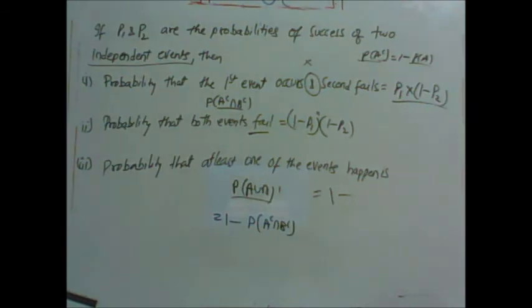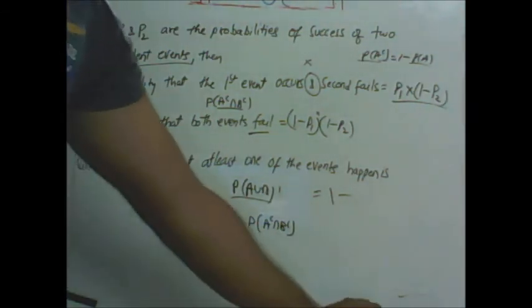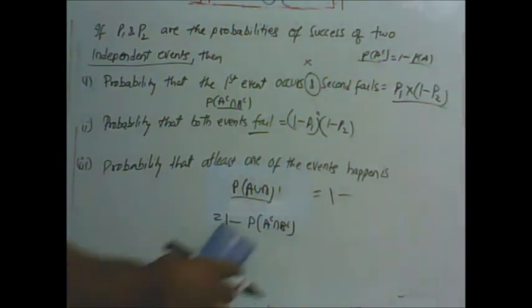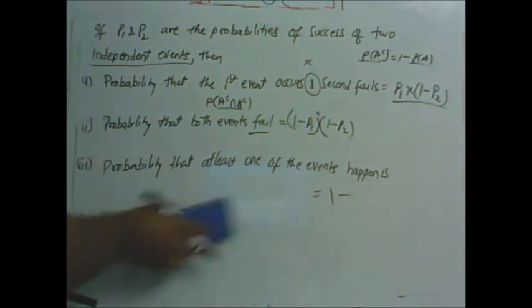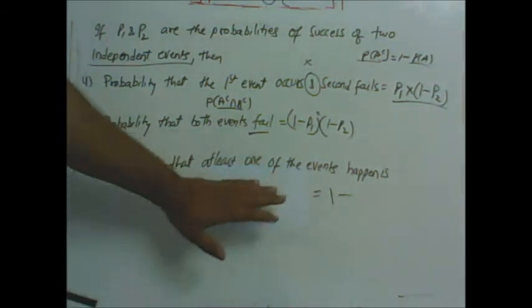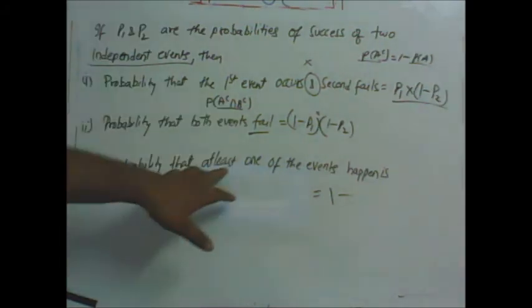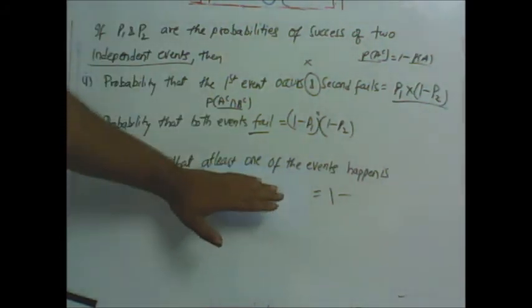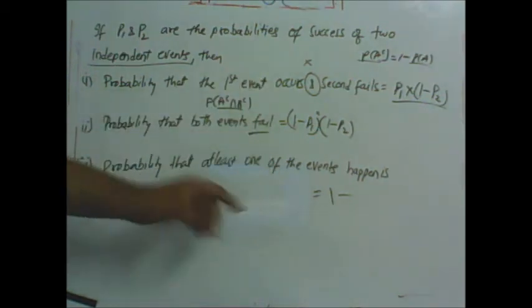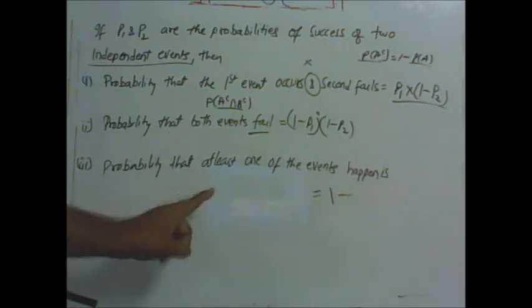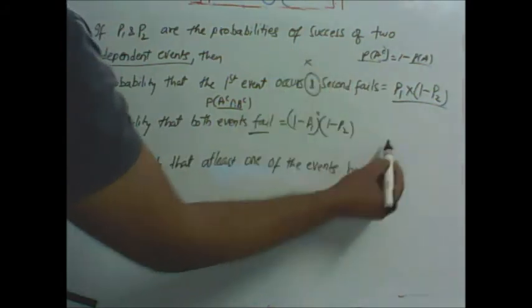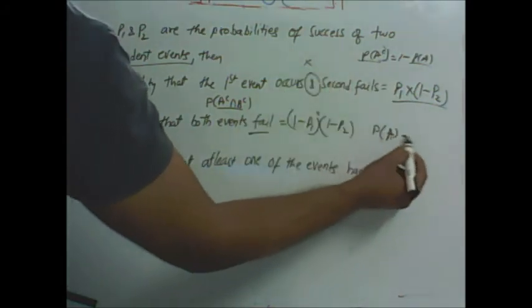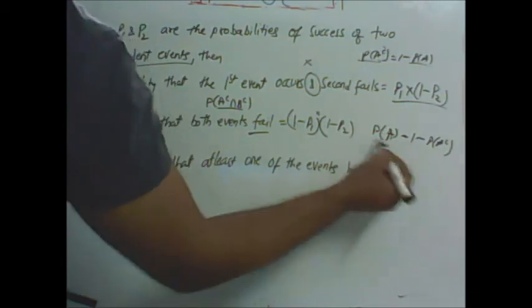Actually, it is very easy to understand this directly. At least one has to occur means that if any one happens then it is a success. Only if both fail is it a failed case. If A is the success case, then P of A equals 1 minus P of A complement.